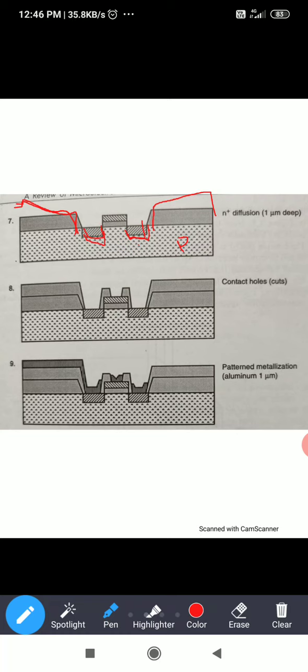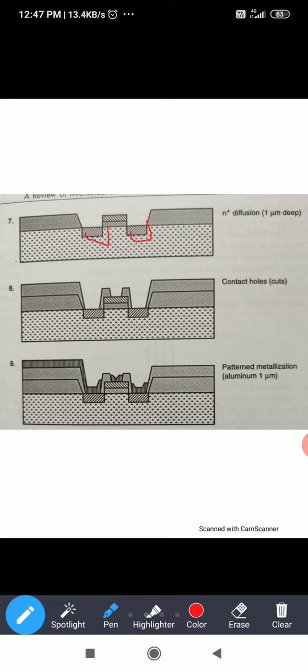For example, the n-type material is phosphorus over this surface. So at high temperature, the n plus diffusion, the phosphorus impurity ions, will be diffused into this area.